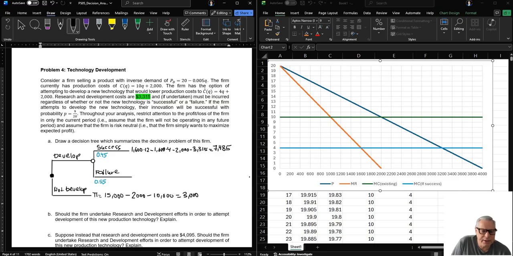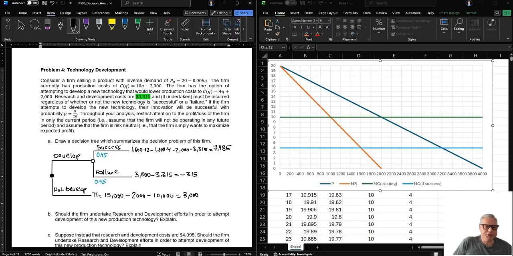So if things fail, we have what we get under the scenario of not develop, which is the 3,000, but we spent the 3,315 to no avail. So we can write this as 3,000 minus 3,315, and of course that is negative 315. Okay, so that would be the decision tree.